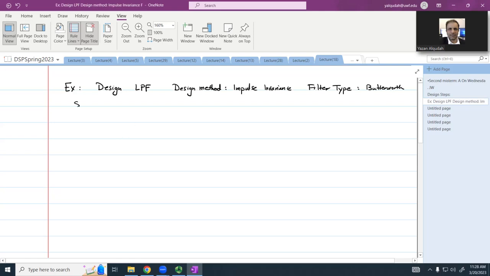The specifications for this filter are the following. The sampling frequency is equal to 40 kilohertz. The cutoff frequency is equal to 2 pi multiplied by 8,000 radians per second. The stop frequency is equal to 2 pi multiplied by 16,000 radians per second. And the stop band attenuation is 10 dB.